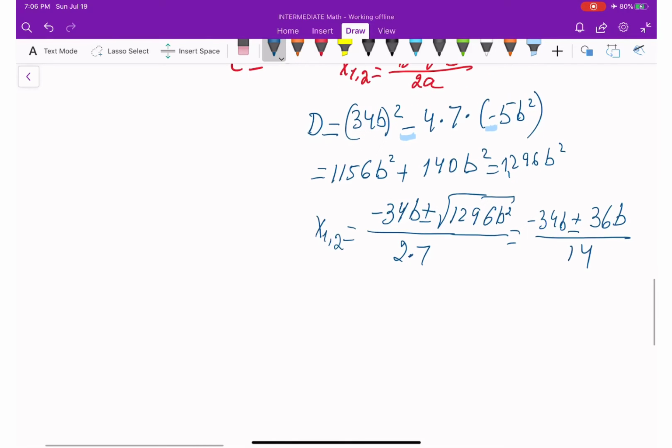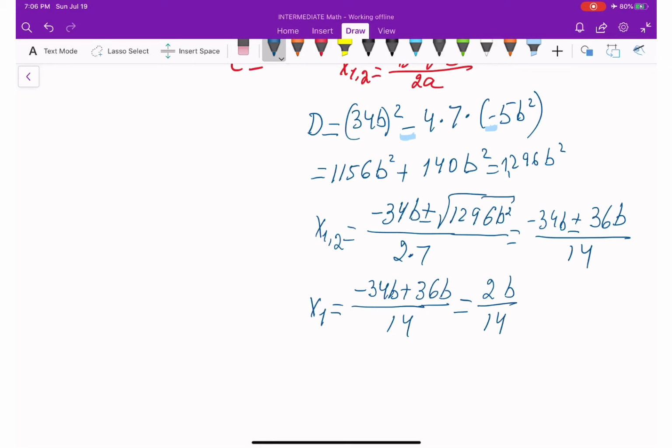So, all right, x1 is equal to negative 34b plus 36b. It's going to be negative 34 plus 36, which is 2b over 14.